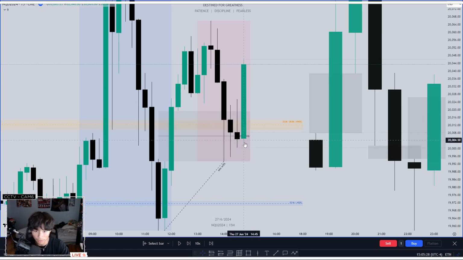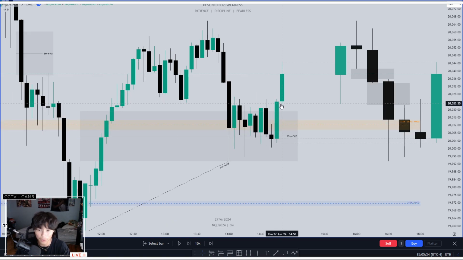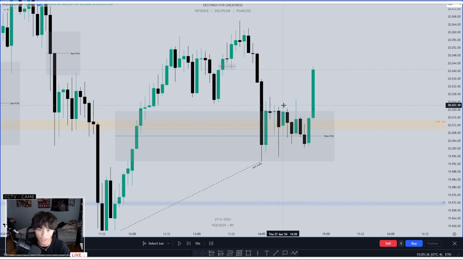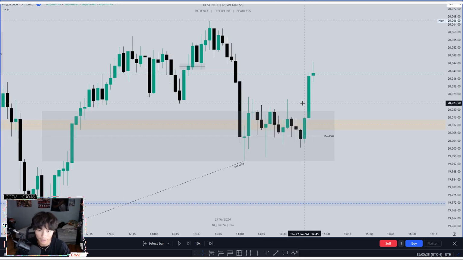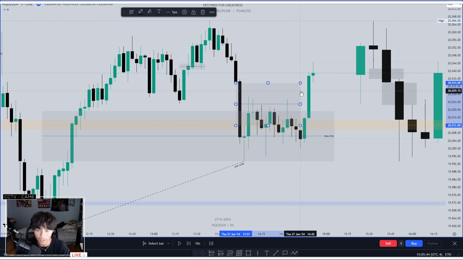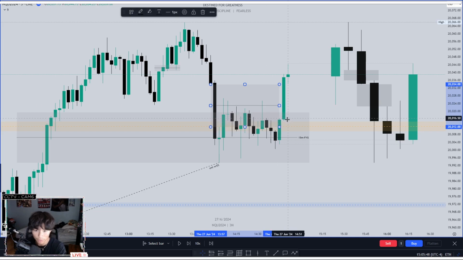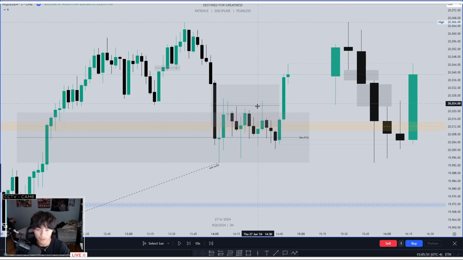And I'm thinking to myself, okay, we're going to take out the swing low. Then I would go into the lower time frames to find any supporting PD arrays that would support the idea of us going lower. And then I noticed here, okay, we're still holding up this 3-minute FVG, still respecting it. So my trade idea was based off of this 3-minute FVG that price is still respecting.